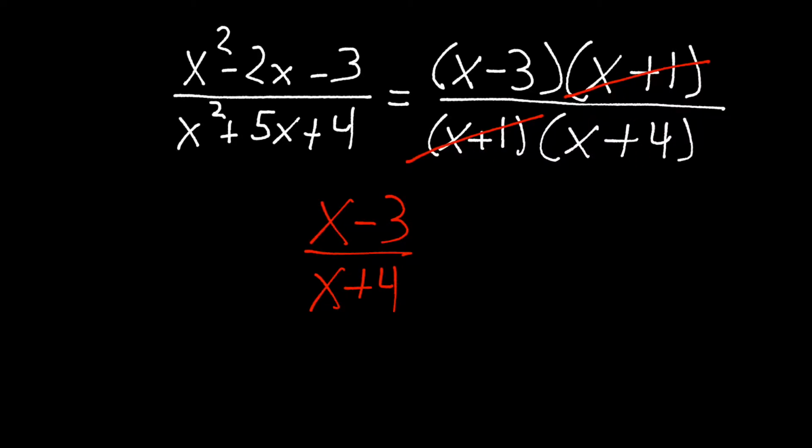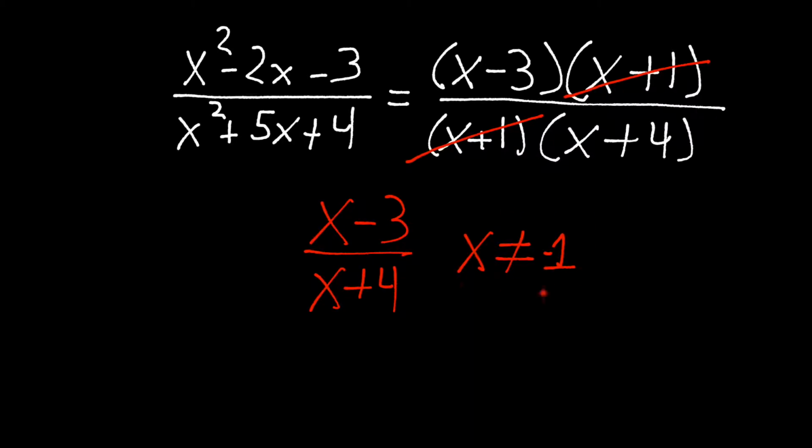So we have to say that this is our simplified answer, x minus 3 over x plus 4. But we also have to say that x cannot equal negative 1. Even though that factor cancels out, this is a simplified version of this original, so we have to include what is going to break the function in our answer.